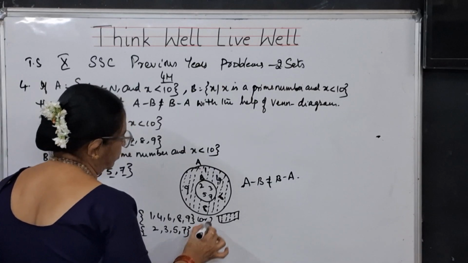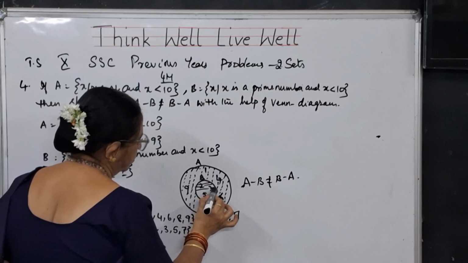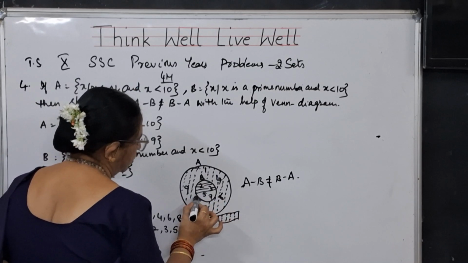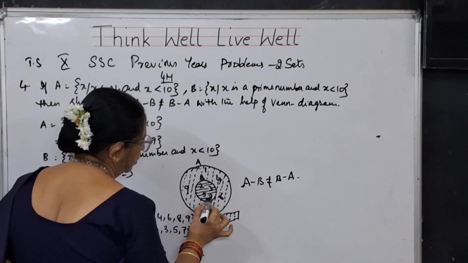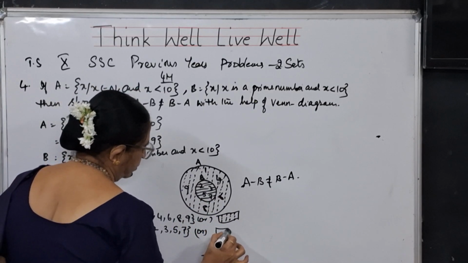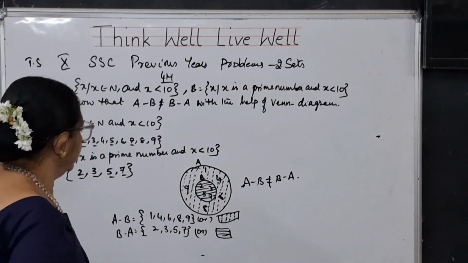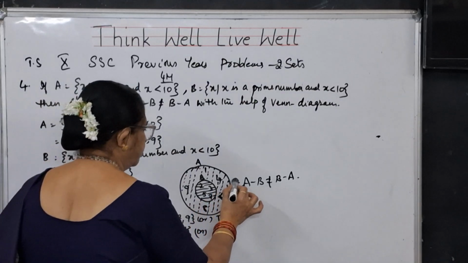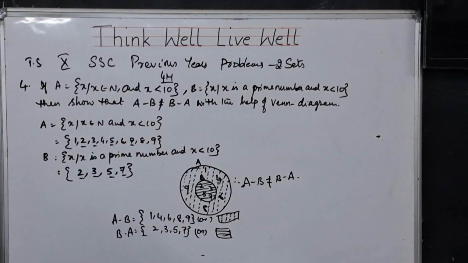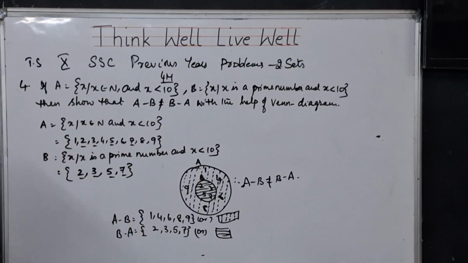And B minus A, let me draw lines like this. These are the lines for B minus A. So both of them have different shadings. We can say that A minus B is not equal to B minus A. This is the Venn diagram for this fourth problem, children. Please copy.